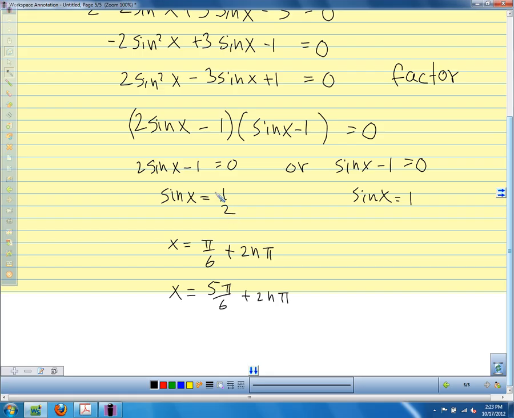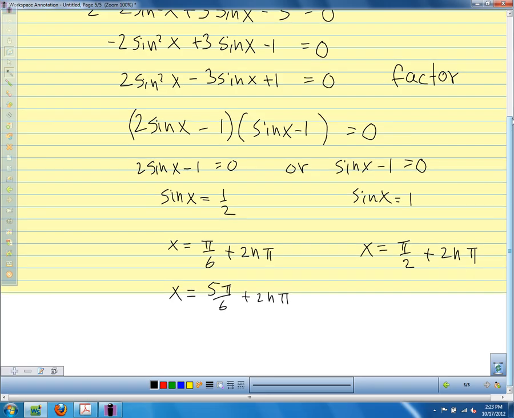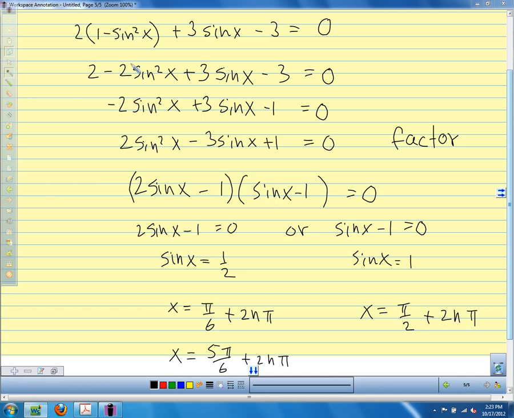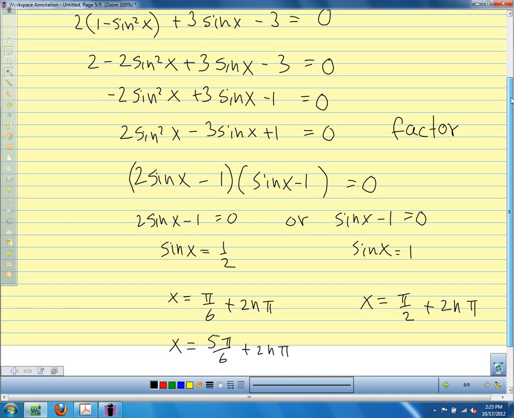Where's the y coordinate 1/2? These two angles plus any multiple of 2 pi. Sine x equals 1 at pi over 2, plus any multiple of 2 pi. So this one, almost like the first one, we just had to do a little bit more work with our identity before we factored and solved our equation. Questions on that example?